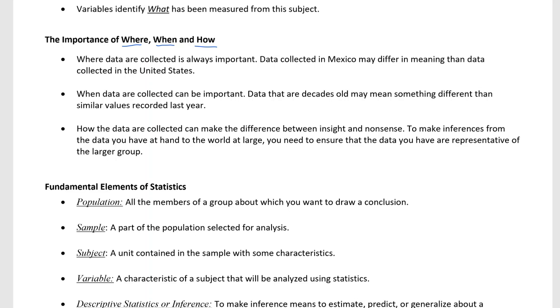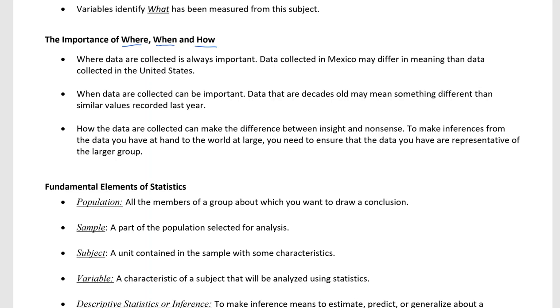Okay, next about when. We still want to know the average yearly income of United States citizens, but I want to make the conclusion for last year, 2019. May I use data collected from, let's say, 1890? Of course not, right?